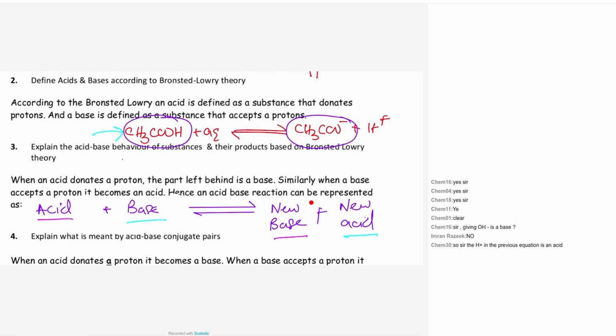Why? Because, for example, aluminium oxide is a base because it's a metal oxide, but it doesn't dissolve in water. It's not an alkali. So not all bases dissolve in water to form hydroxide. Not all bases are alkalis, but all alkalis are bases, right?